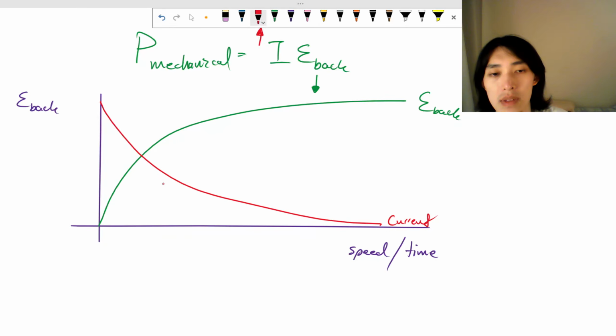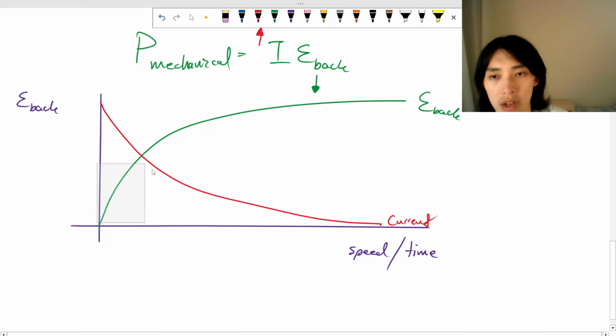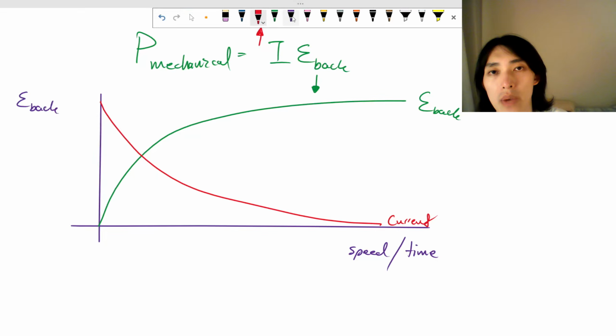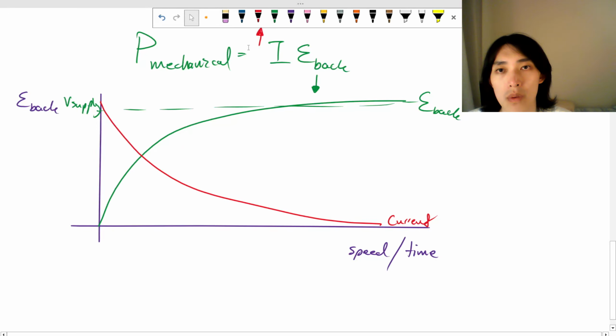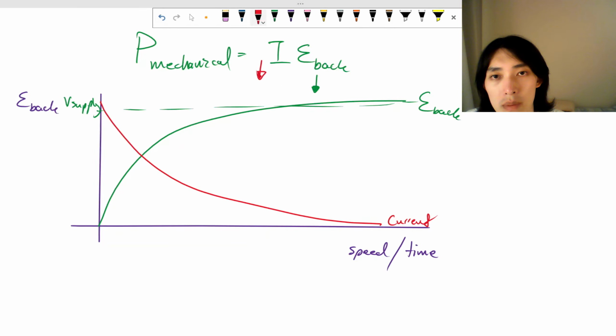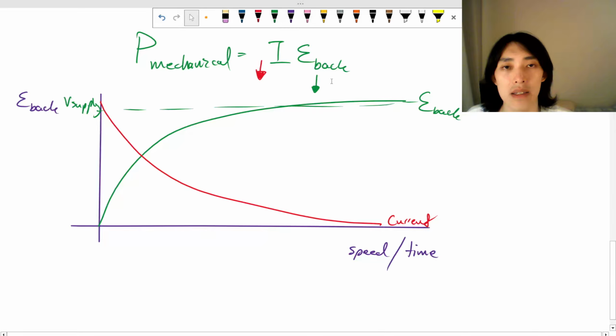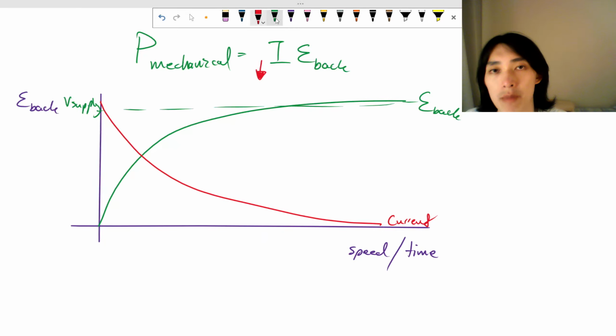Over time, as current decreases but back EMF increases, we'd see the reverse. As we asymptote towards Vsupply, our current becomes incredibly small, and our back EMF becomes bigger.